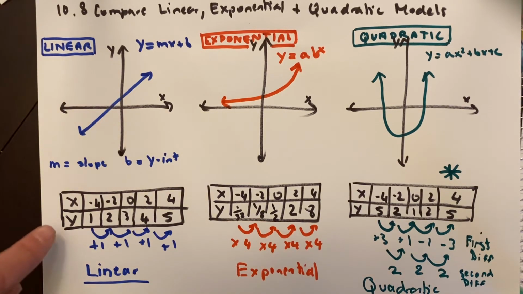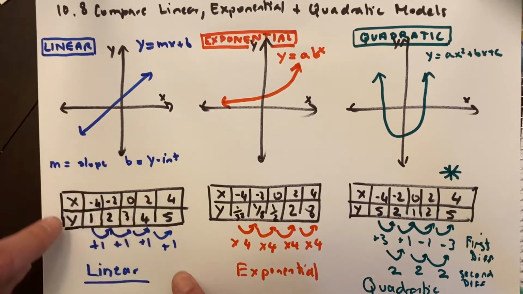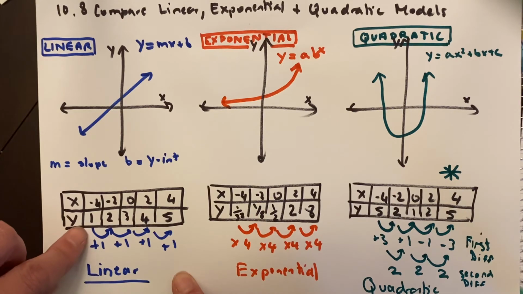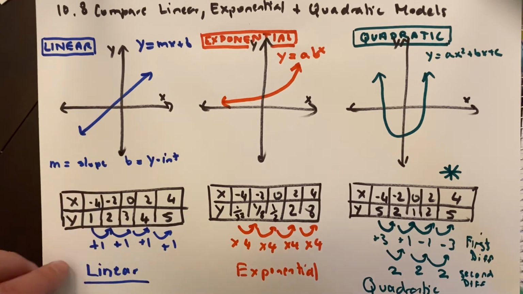So looking back over it, a linear equation is identified because for a given change in x, the change in y is +1, +1, +1. It's an addition of +1, or it could be +3, +4, but it's constant. With an exponential equation, it is not an addition or subtraction, it is a multiplication.